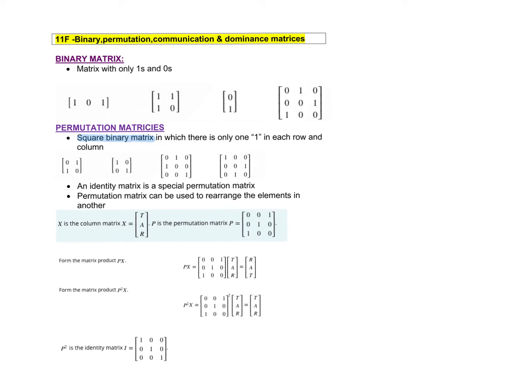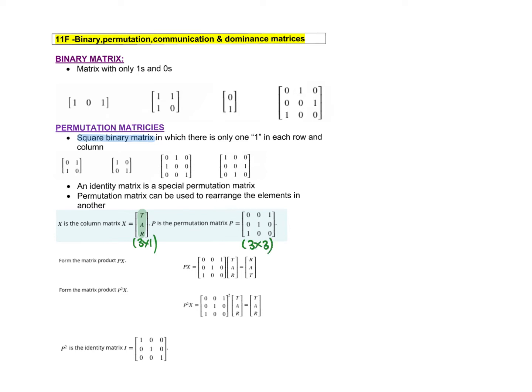So if we have a look, we've got an example here. We have this matrix here, and it has letters. Remember I said it doesn't matter, your matrix can have elements of letters. So this is a 3 by 1, and we're going to pre-multiply it, multiply in the front of it, with this 3 by 3 permutation matrix.